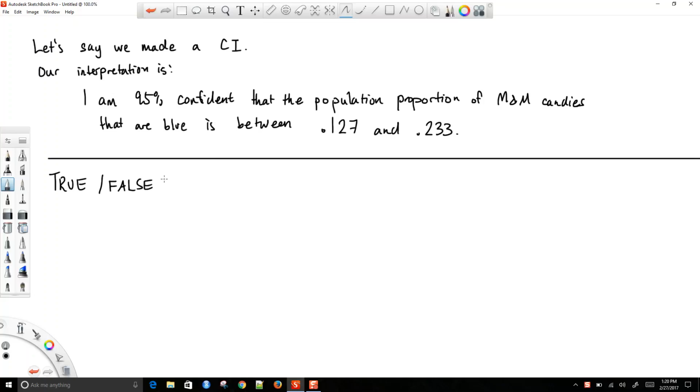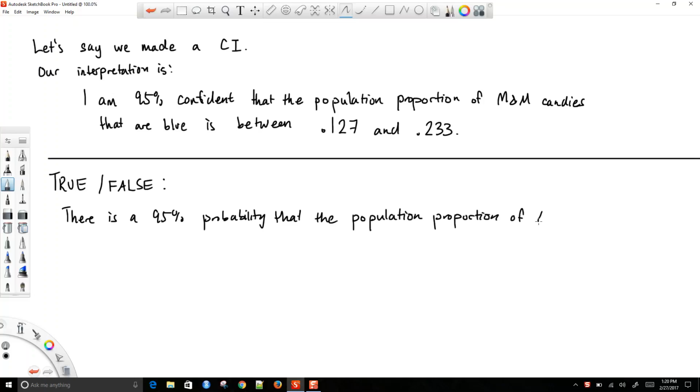Now your question is true, false: there is a 95% probability that the population proportion of M&Ms that are blue is between 0.127 and 0.233.